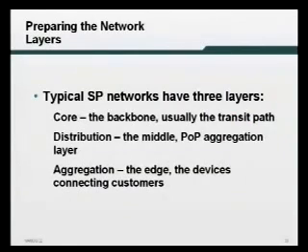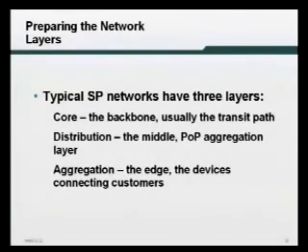Now, typical service provider networks will have 3 layers. The core network, that's generally the backbone, or what I would call the transit path in the network. There's a distribution layer, some networks have these. It's the middle part of the network, the point of presence aggregation layer. If you've got lots of leaf sites or regional networks that you connect into your core, you connect them into a distribution layer.